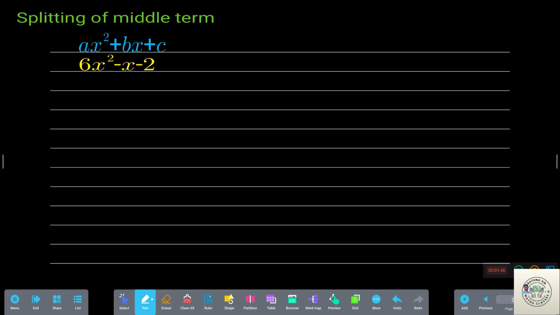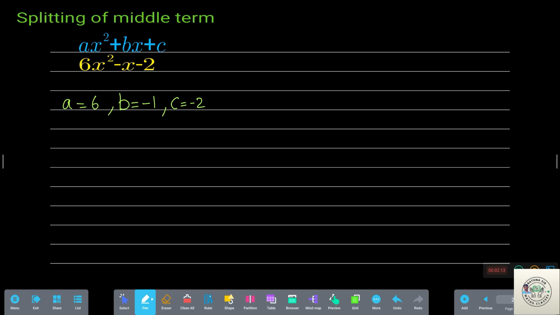Here if we carefully observe, a is 6, and for b we don't find any number for x, so we have to write 1. Here you have sign minus, so b is minus 1, and c is minus 2, right?